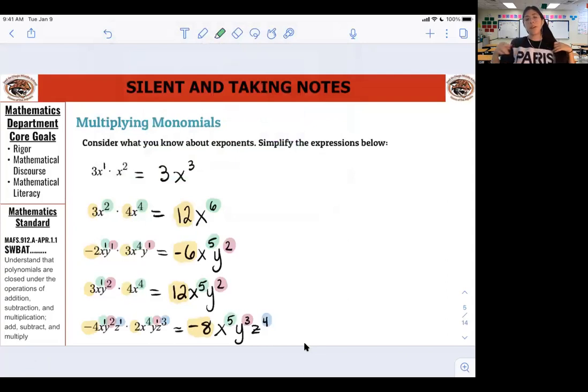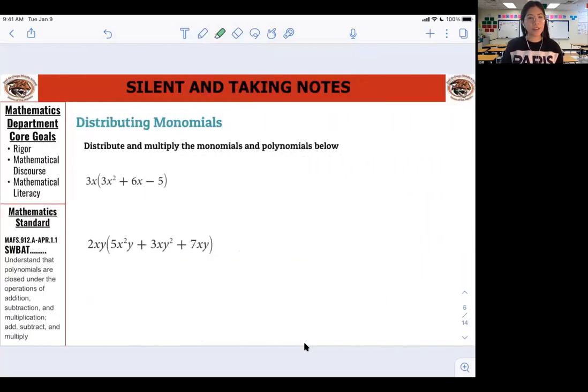Okay, cool. So what we're going to be doing next is, I'm going to make it a little bit crazier, a little bit more challenging, but it's really not that much harder. What is going on here? What property am I going to have to use? Distributive property. And what operation do you do whenever you're distributing?